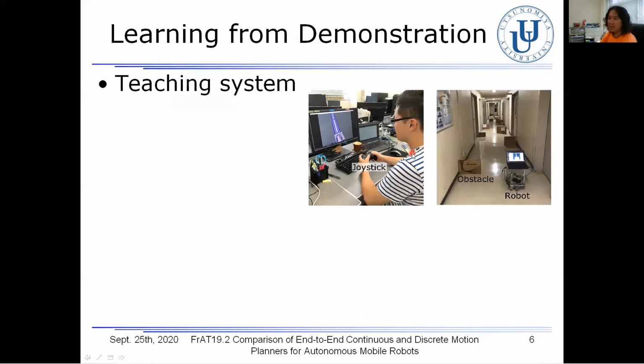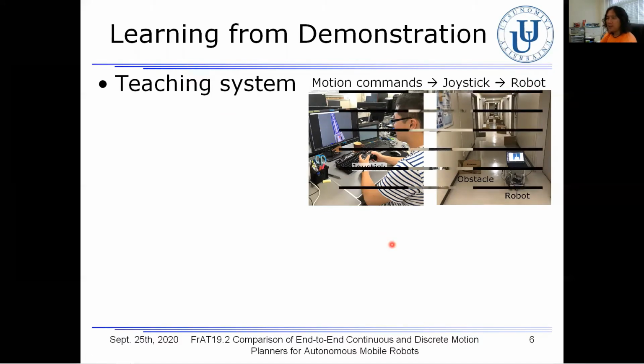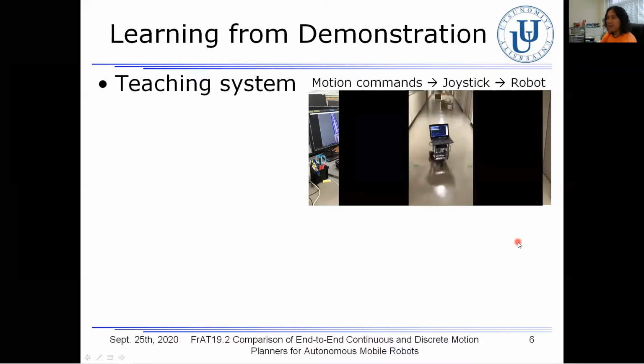As you can see in this picture, first, the operator is now controlling this mobile robot through the joystick by watching the front display. So the motion commands are sent to the robot through the joystick. In this movie, the robot is now moving on the basis of the operation, okay?